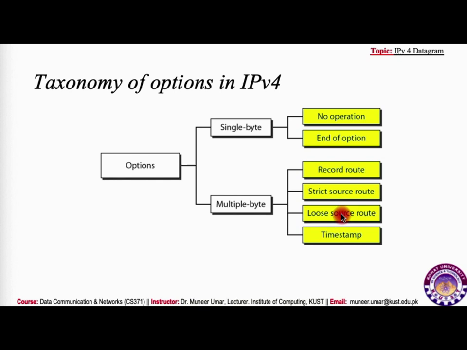The routers in the list must be visited, but the datagram can visit other routers as well. The last one is timestamp. Timestamp is used to record the time of datagram processing by the router, and this is measured in milliseconds. Also, universal time or Greenwich Mean Time is considered.